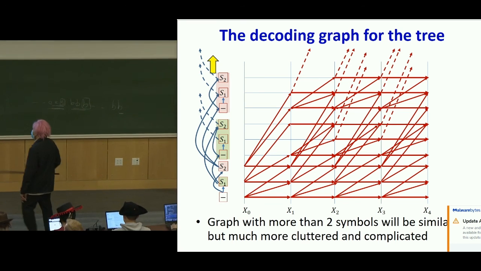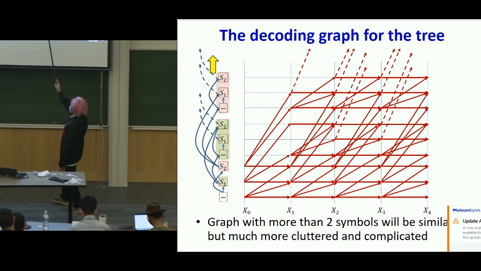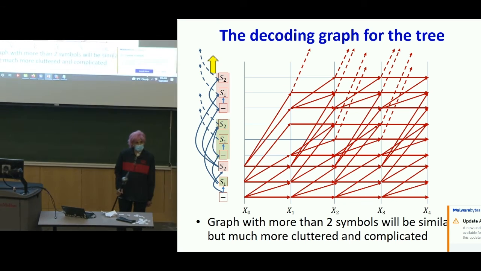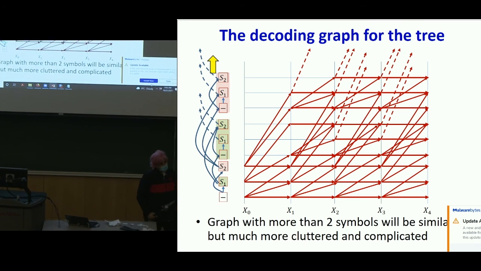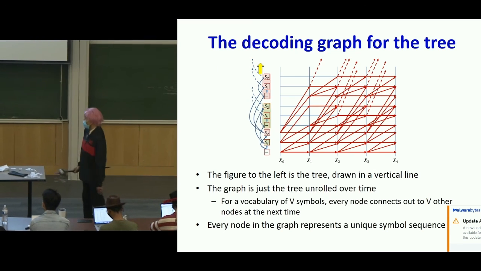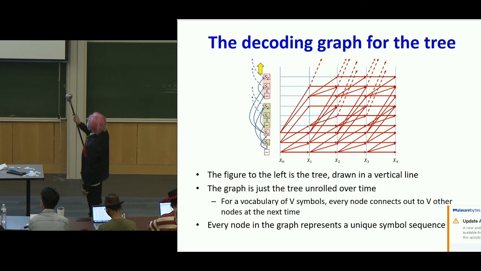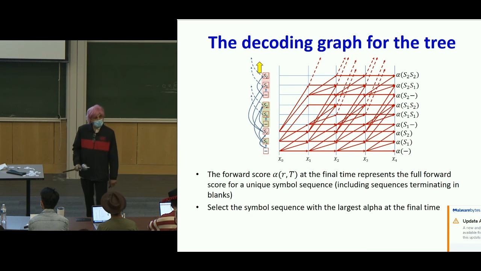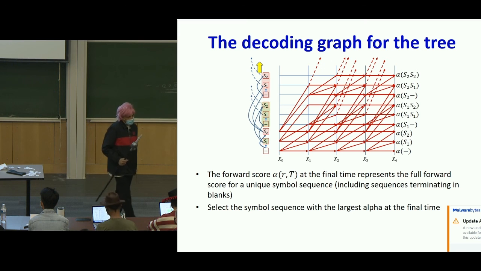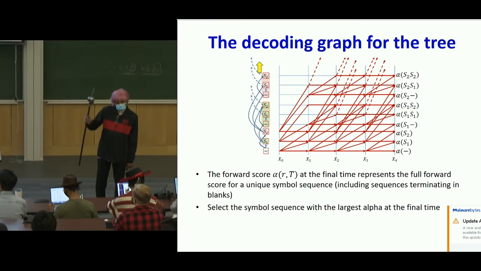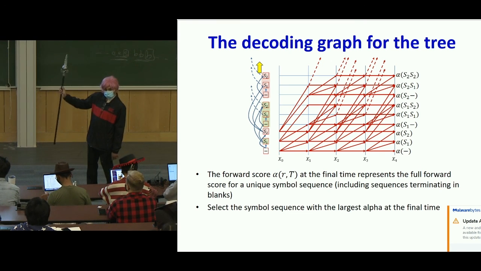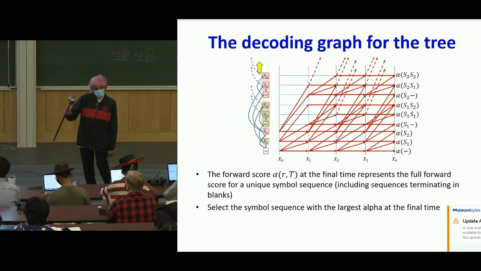So what this means is that every single row over here represents a unique compressed sequence. And now I can just run my forward algorithm and compute alphas at every possible node at every possible time. And when I run out of time, I'm going to pick the alpha that had the highest value, and that's going to give me my compressed sequence, the most likely compressed sequence.